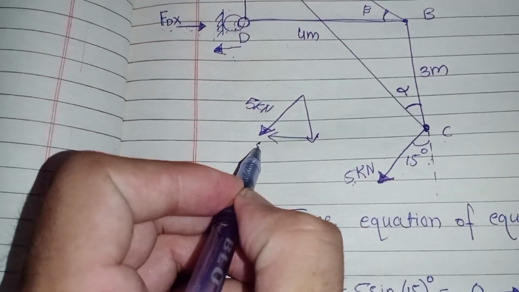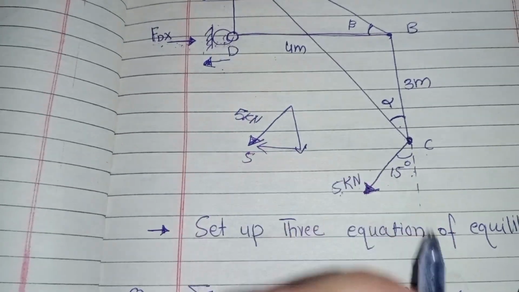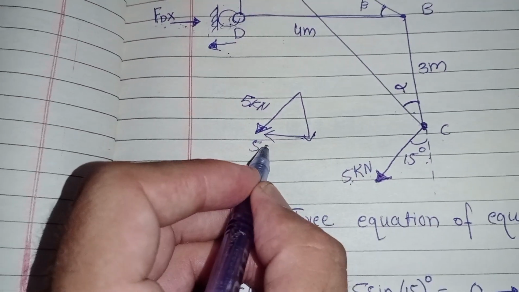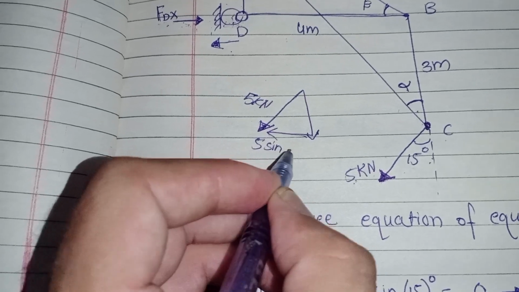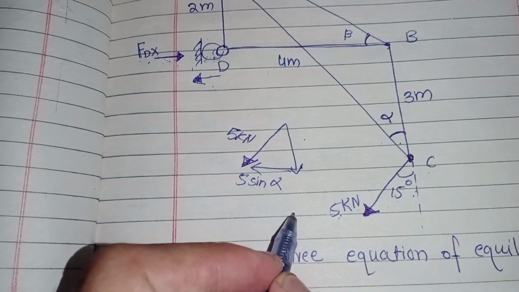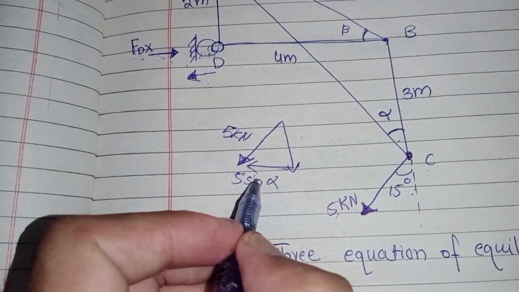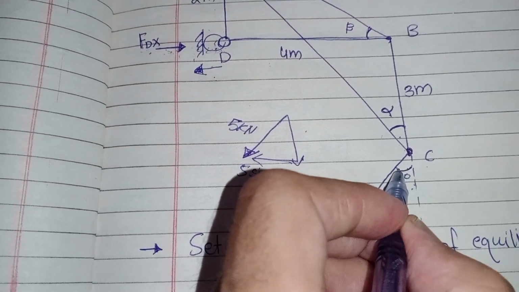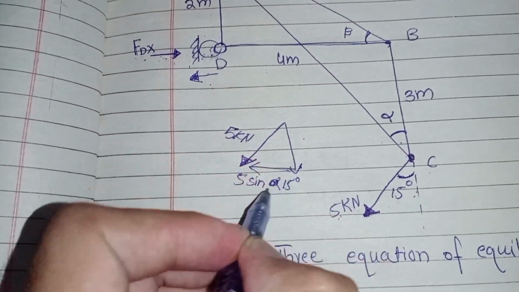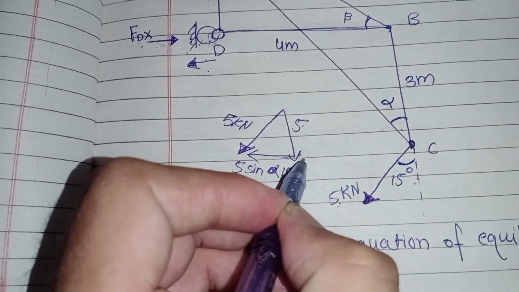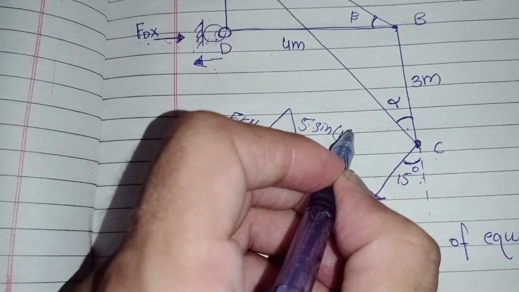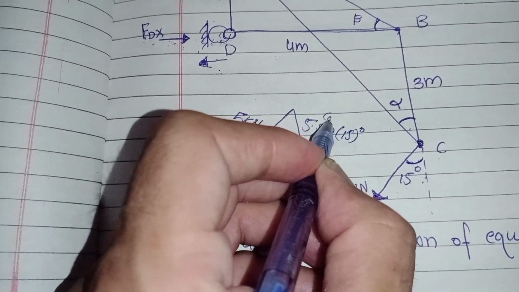So 5, the angle made with the y-axis, therefore with the horizontal component I write sine alpha, so this angle sine 15 degree, and 5 into sine 15 degree, cos 15 degree.